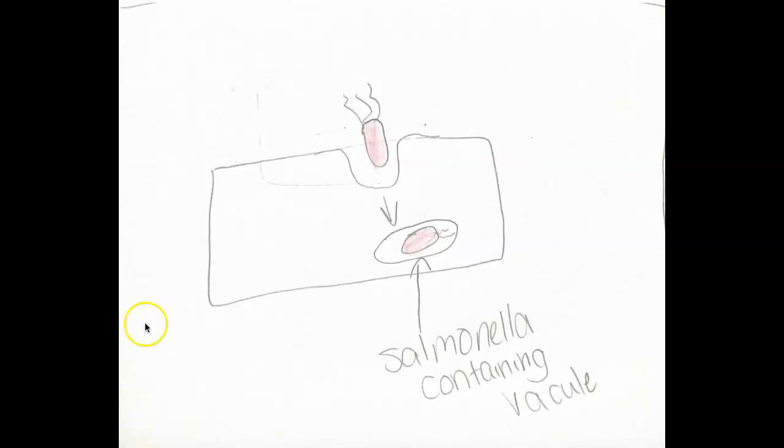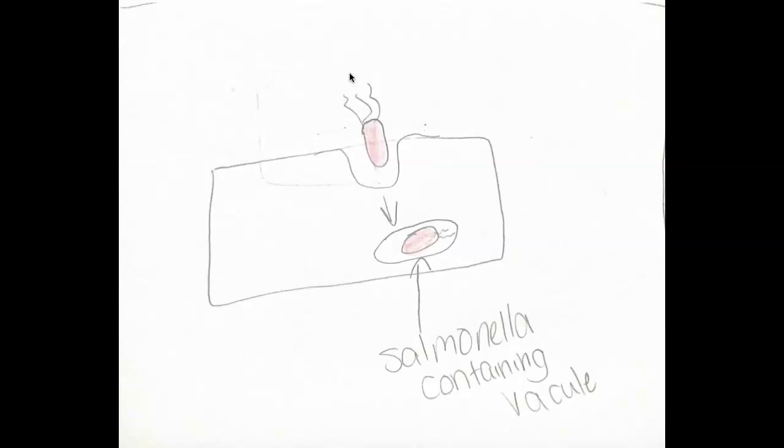And it does this by using the flagella to swim through the mucosa, attaching to the intestinal cell walls using the pili that help it attach better.